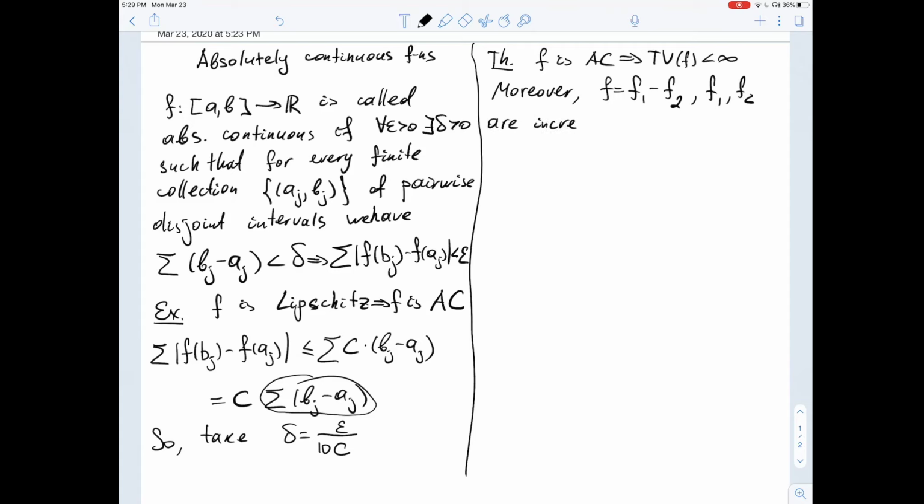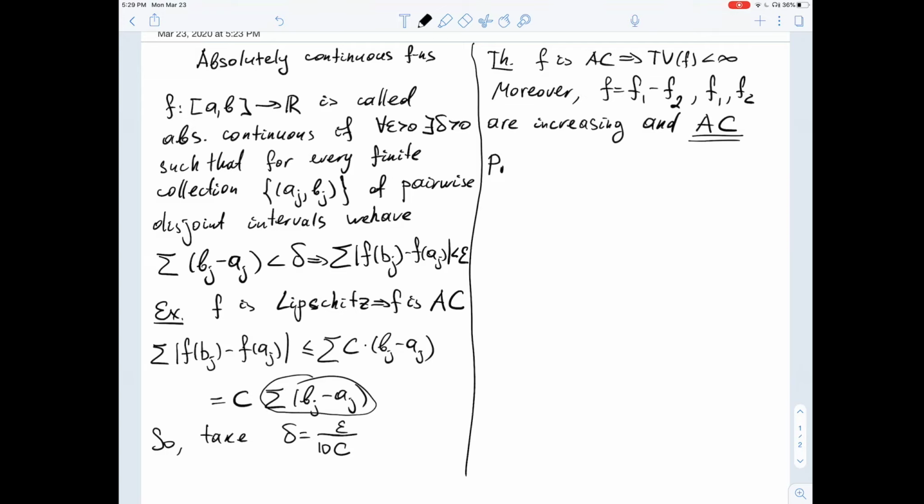So here I'm not saying anything new, provided we proved the first arrow. So those are increasing and also absolutely continuous. So if a function is absolutely continuous, we can write it as a difference of two increasing absolutely continuous functions.